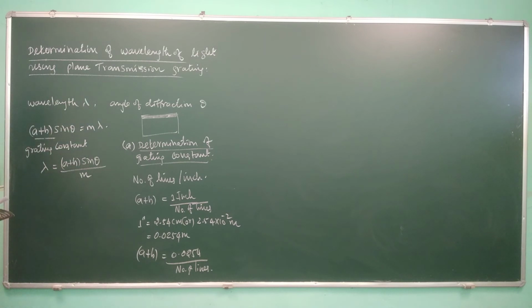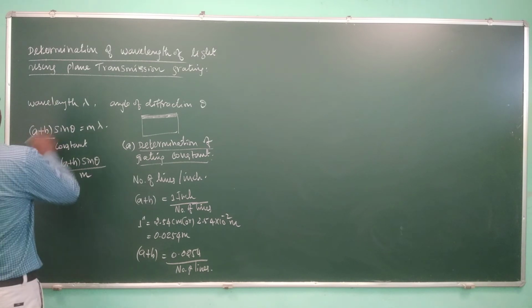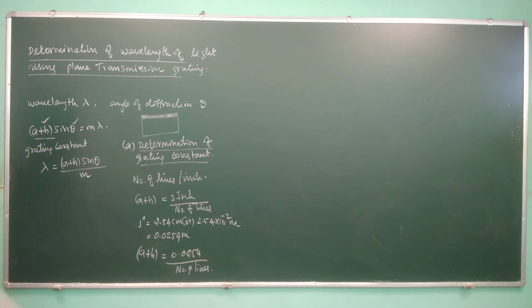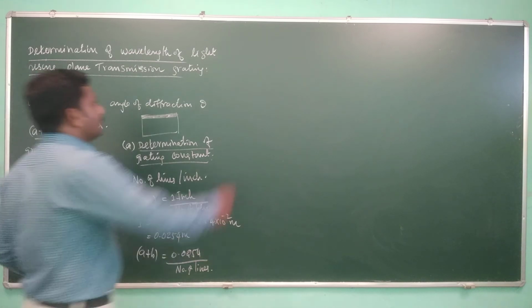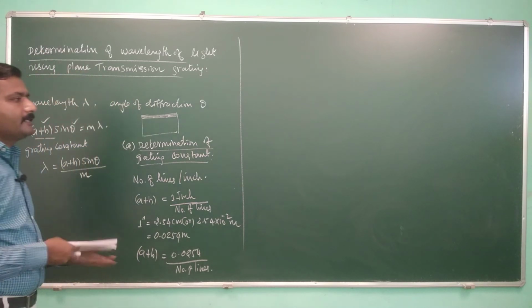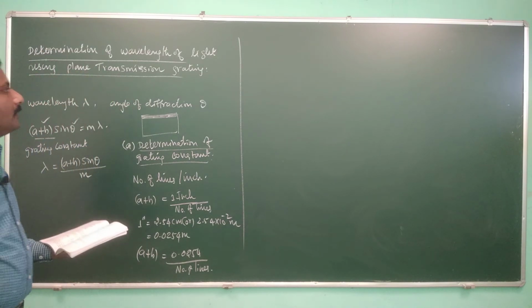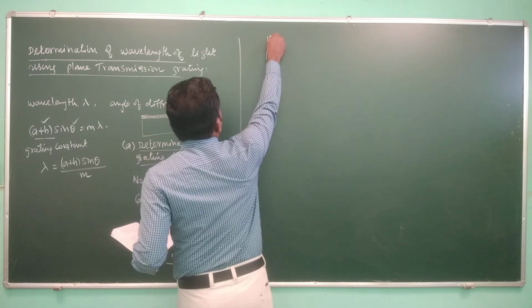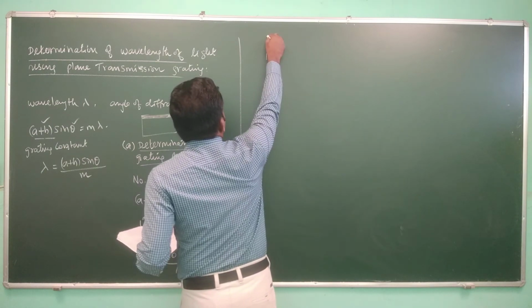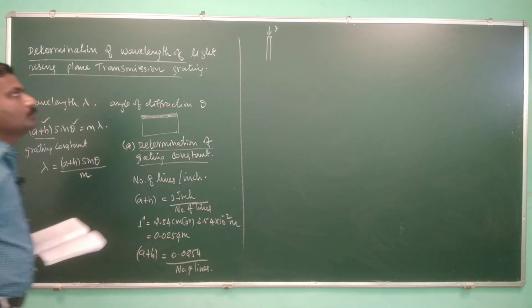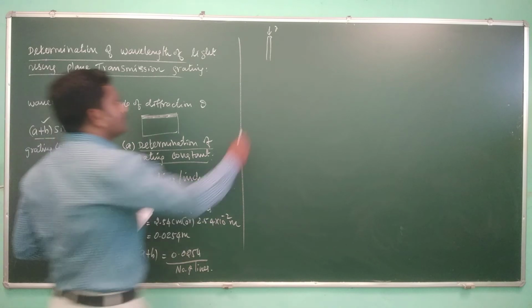Fine. Second thing, the grating constant a plus b is known. Now we need to calculate the angle of diffraction theta. How to calculate the angle of diffraction theta? For that, let us take a spectrometer, and in the spectrometer the light ray whose wavelength is to be calculated comes through the collimator, right?